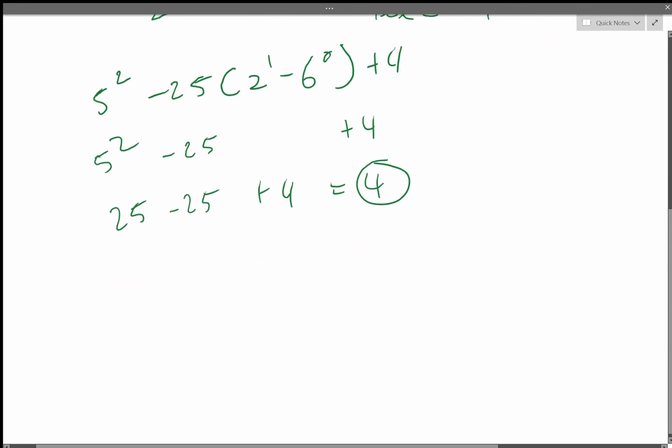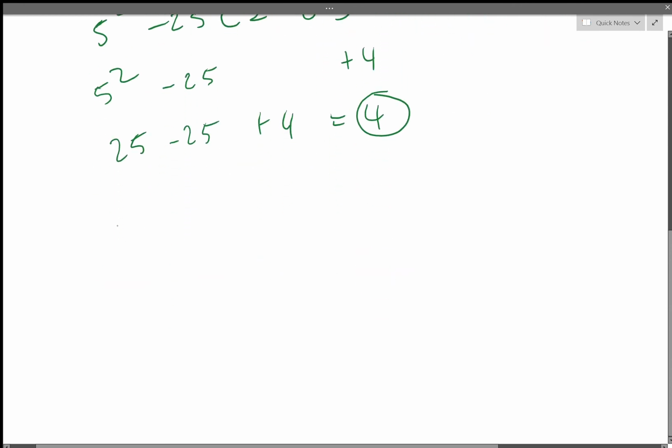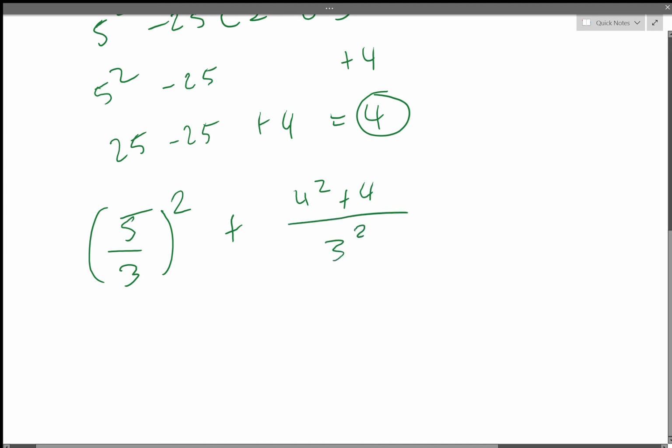And box 3 is (5 over 3) squared plus 4 squared plus (4 over 3) squared.